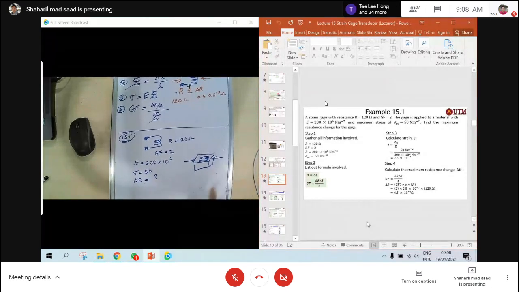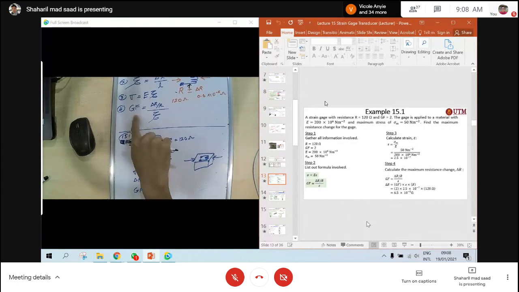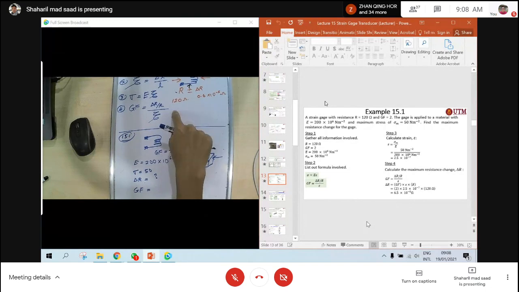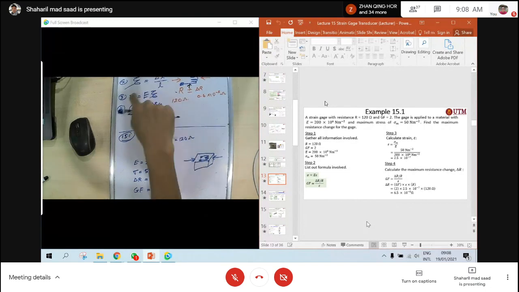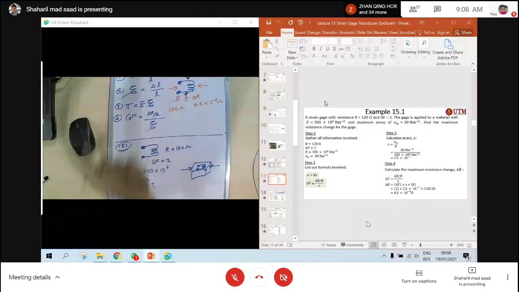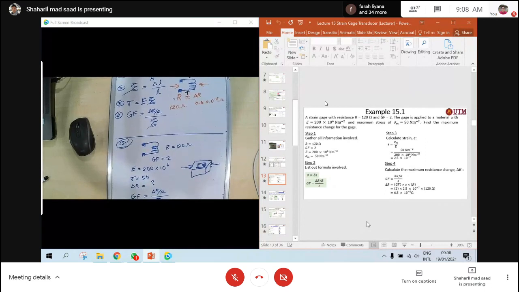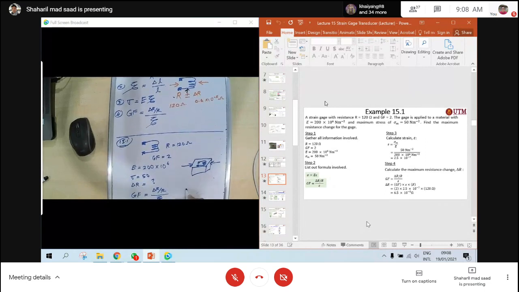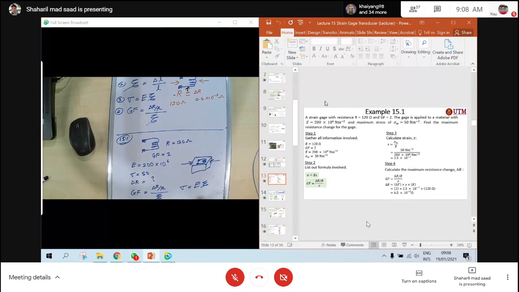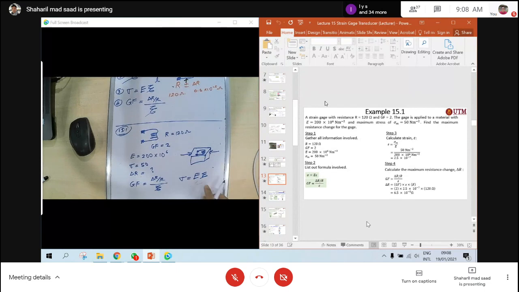It's quite simple. The formula that we have right now, GF, you can use this one, and you can use formulas 3 and 4. So GF is delta R over R divided by strain, where the strain is given by the stress and Young's modulus.